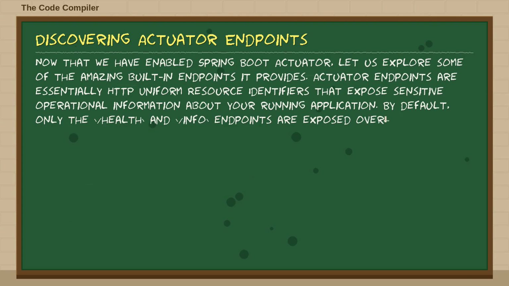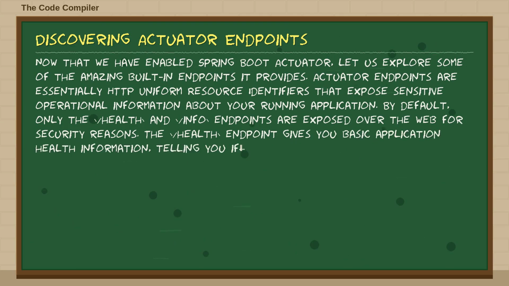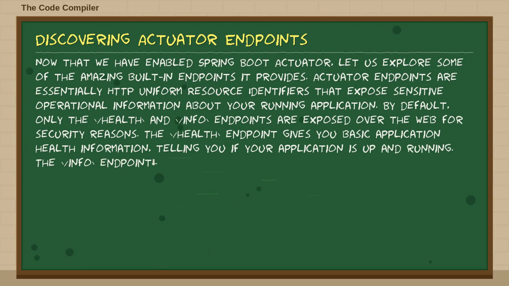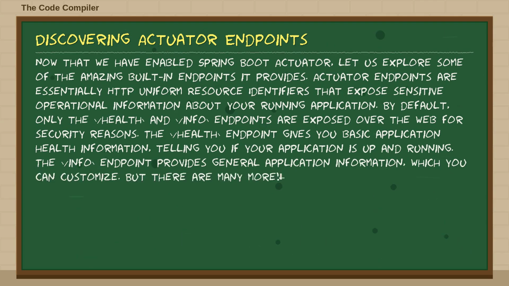By default, only the health and info endpoints are exposed over the web for security reasons. The health endpoint gives you basic application health information, telling you if your application is up and running. The info endpoint provides general application information, which you can customize.